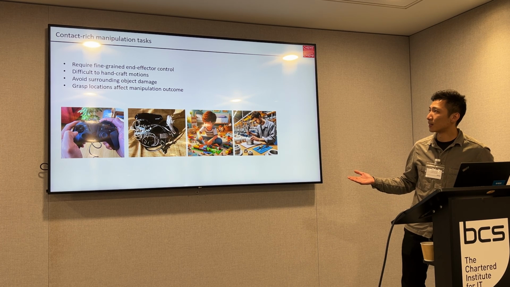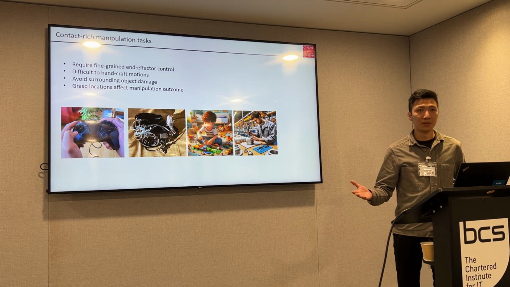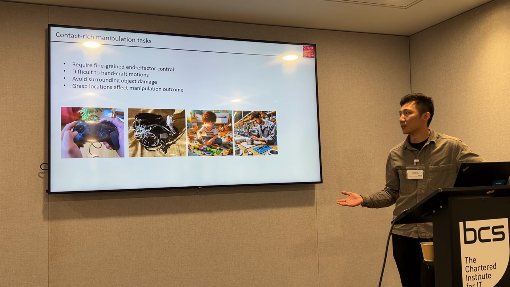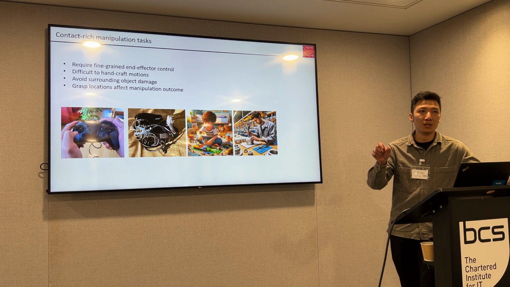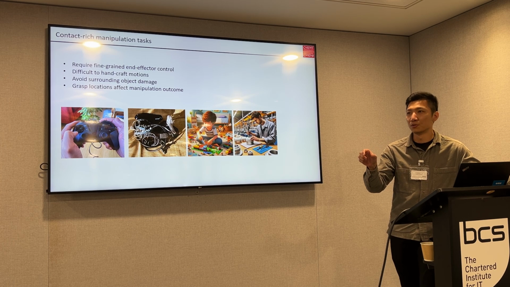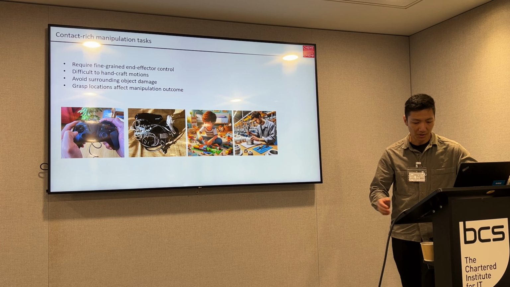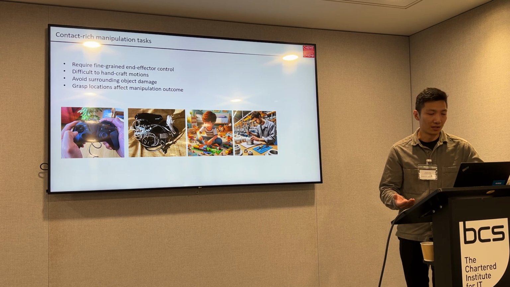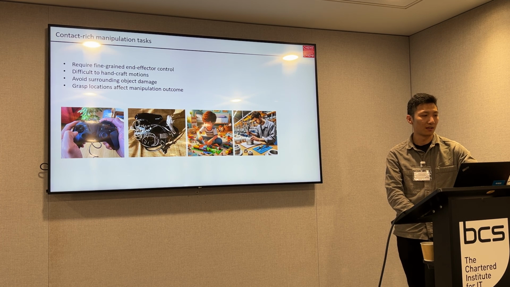And in most cases we like to avoid damage or large movement to the surrounding environment. And more importantly, for most of these contact-rich tasks, the location where the gripper grabs the object is important for the downstream manipulation task to be successful. So there's a sense of task-oriented grasp estimation in there.